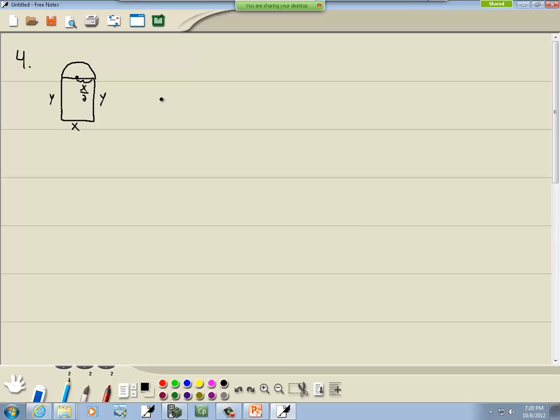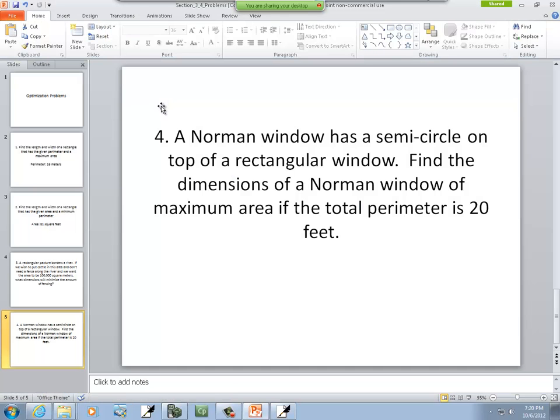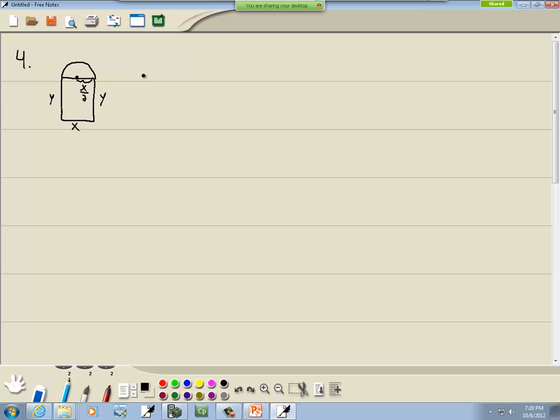Okay, so the two things we're working with are area and perimeter. So area is going to equal the area of the rectangle plus the area of the half circle.